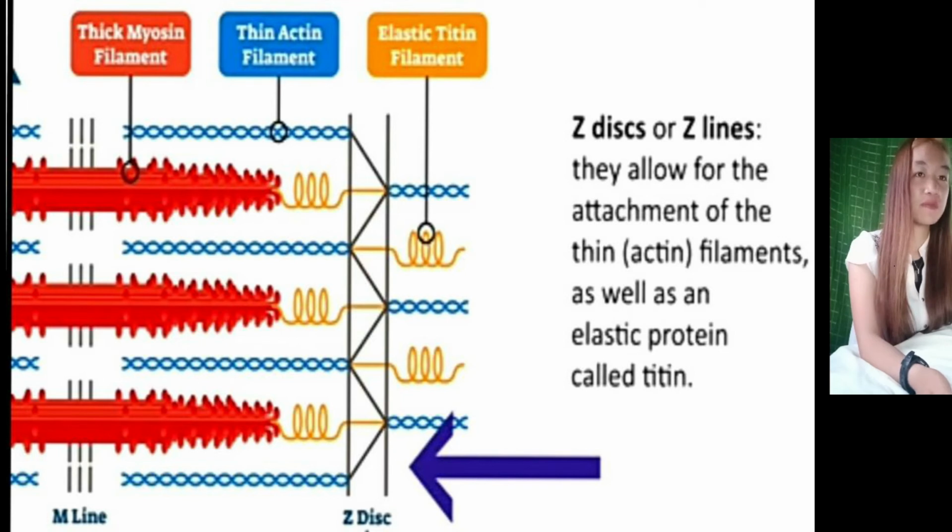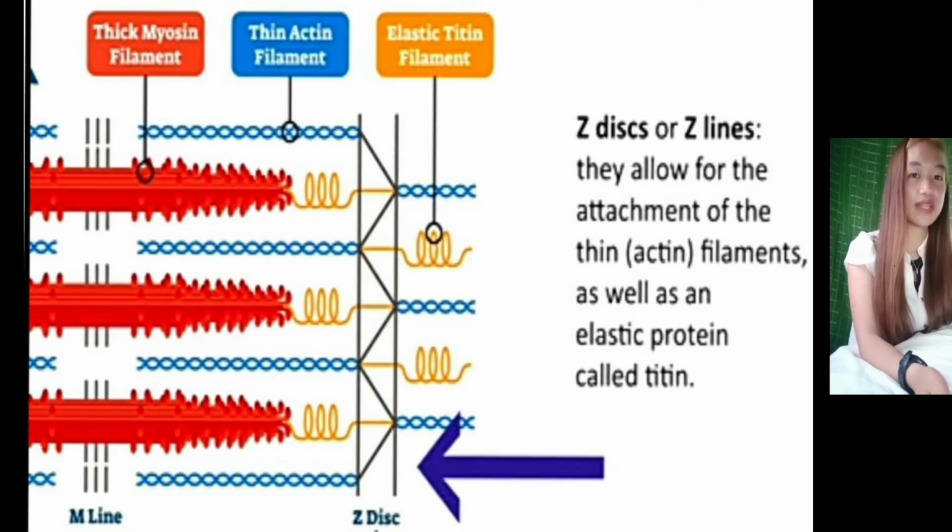And the thick myosin filaments, the red ones, are attached to an elastic springy protein called titin. So the thick myosin filaments are connected to the Z disc through the springy protein called titin, the yellow one in color.